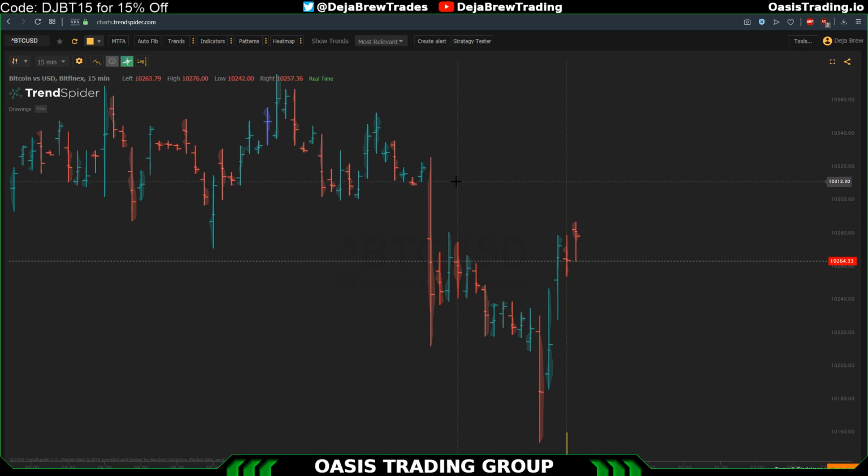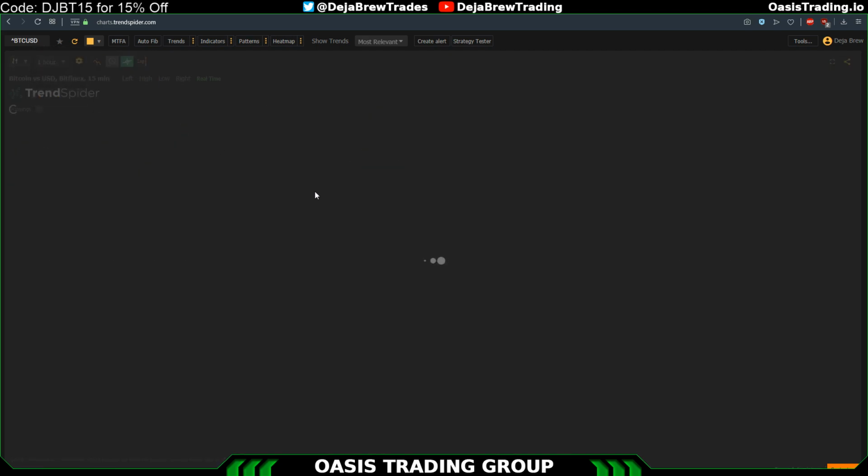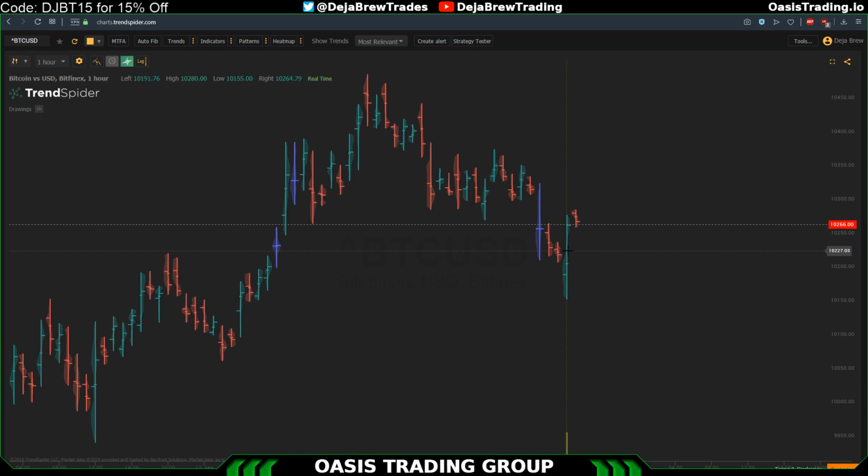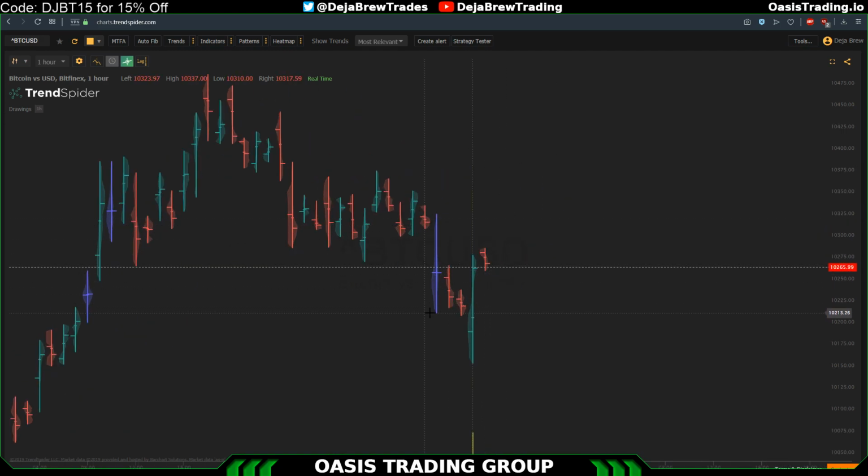The first half is going to be half of whatever the time frame you have selected, and the second half is going to be the second half. So if you have, let's say, an hour, each candle is going to be 1 hour, but the first half of the candle is going to be 30 minutes, and the second half of the candle is going to be another 30 minutes.